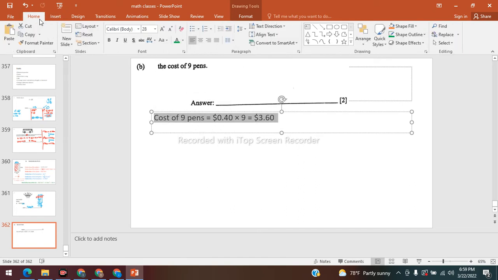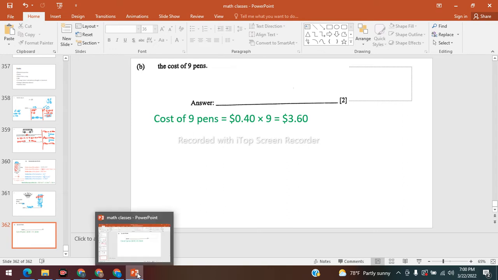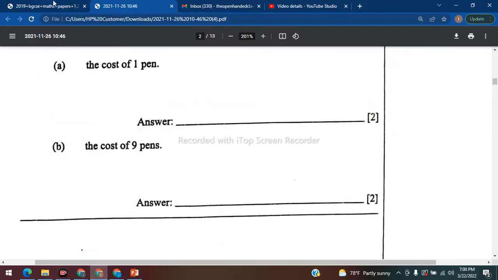And the reason why we multiply is because another way we could do it, we could add 0.4 nine times. But we know that multiplication is repeated addition. And so if we add something 9 times, it's the same thing as multiplying it by 9. Good stuff. Okay, so let's go back to our question here.